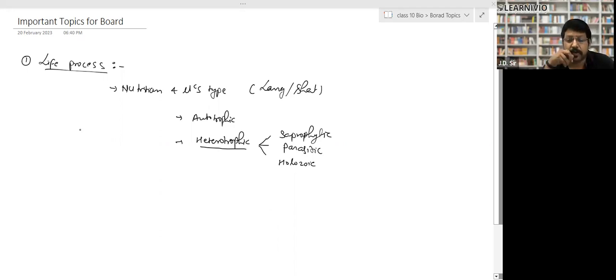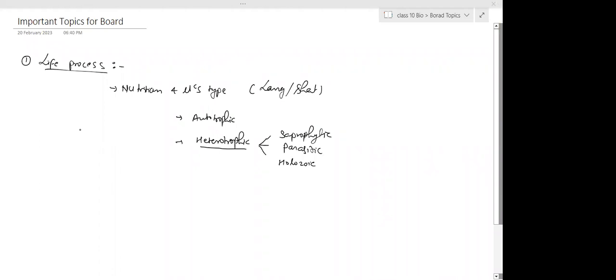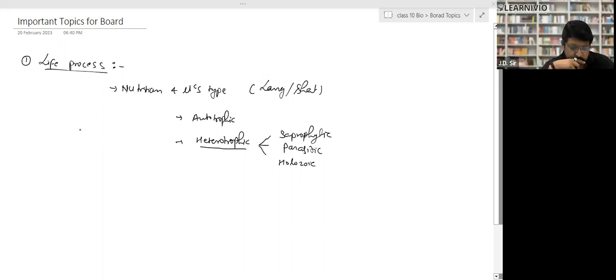Do you know the experiment which is given in your textbook? It is the experiment that sunlight is necessary for photosynthesis.